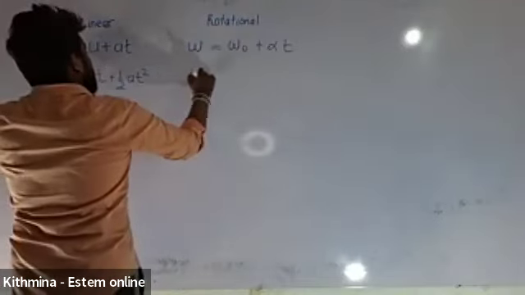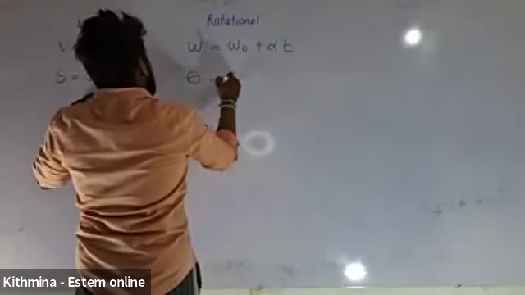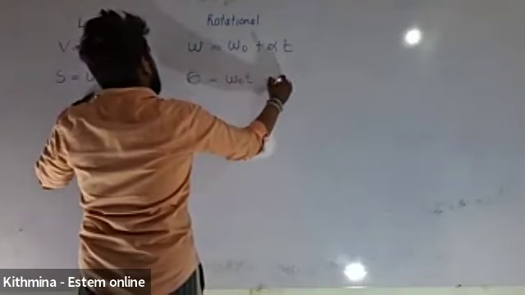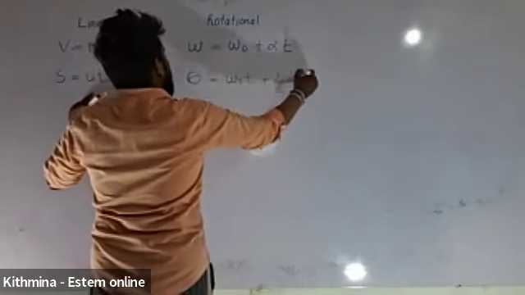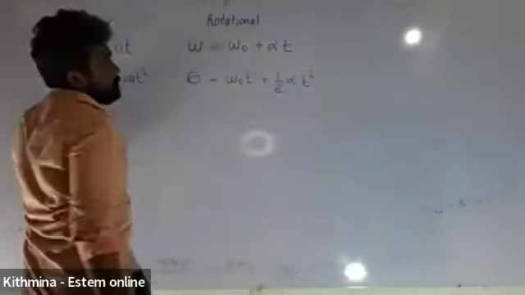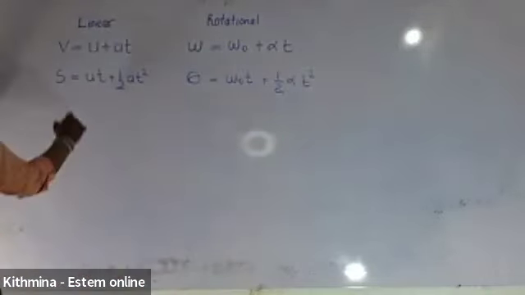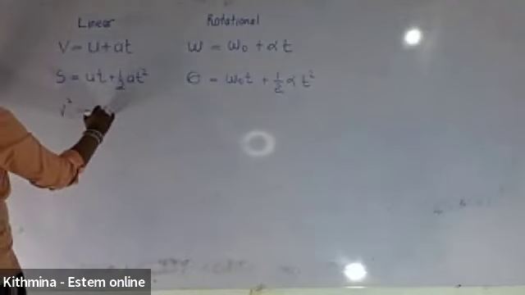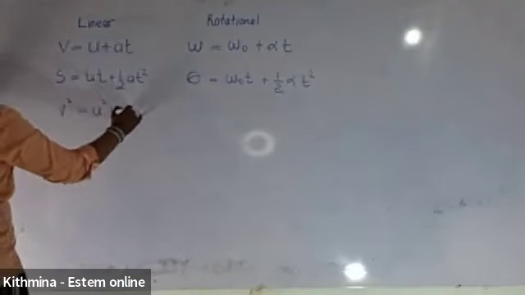Then S equals theta, and u is omega naught, so theta equals omega naught t plus half alpha t squared. Third equation is V squared equals U squared plus 2as.